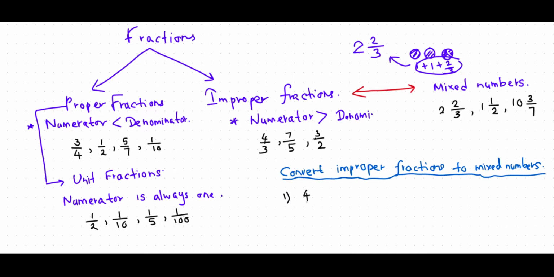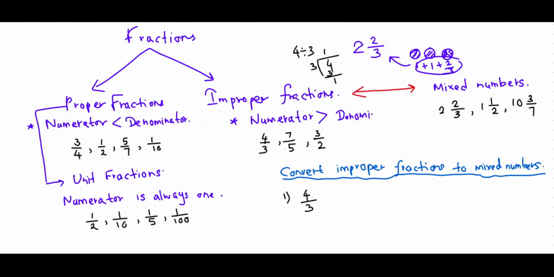The line means division. So instead of this line, I can write the division symbol. 4 divided by 3, 4 is inside, 3 is outside. Divide 4 by 3, or how many 3's are there in 4? Then do the long division. The remainder comes as 1. We don't divide it into decimals. We keep it remaining when we get the remainder.